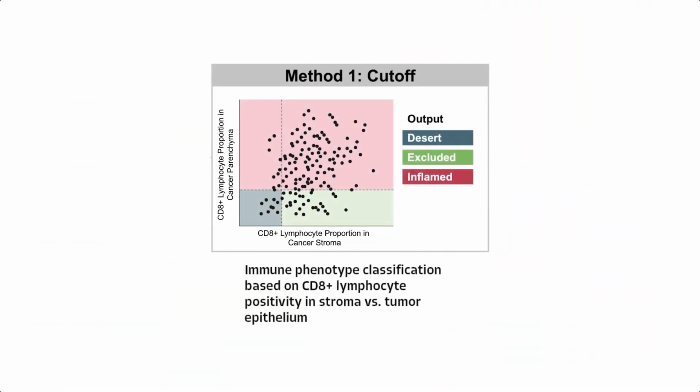So this first approach, the cutoff-based approach, relies specifically on two key features, which are our CD8 positivity features. So CD8 lymphocyte proportion within cancer parenchyma and within cancer stroma. You're only using those two features.